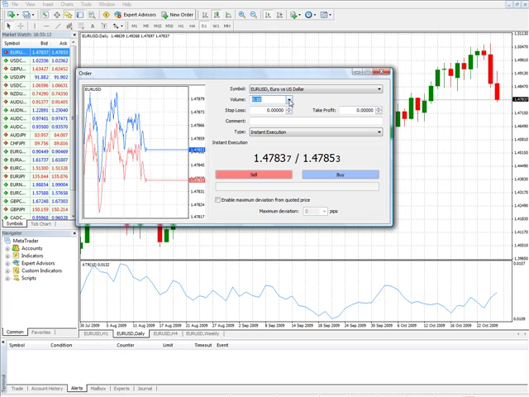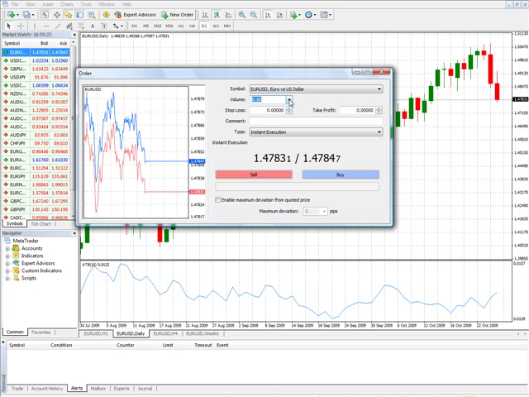Some people will go to 5%, and actually the higher the percentage of your account equity you risk per trade, the greater the probability of blowing your account out, the greater your risk of ruin, basically. Some people call that ROR.